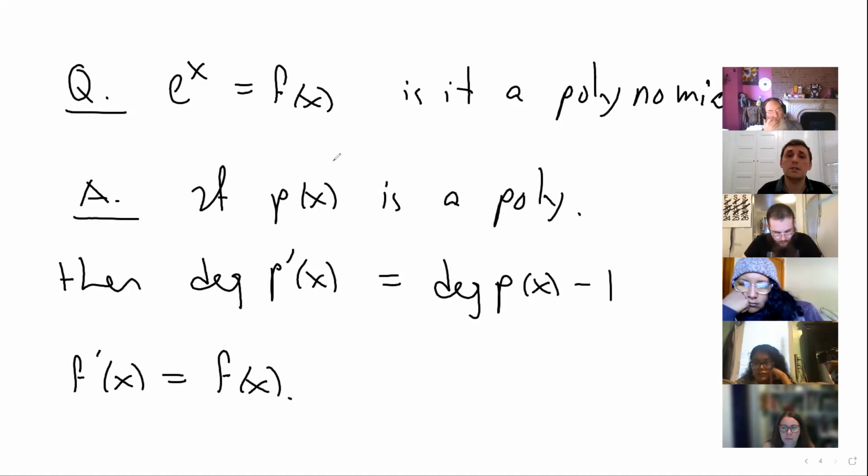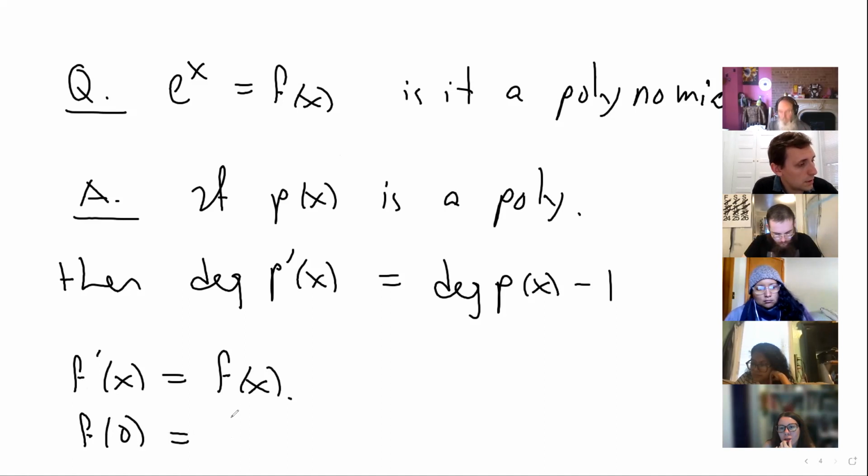So the question is, first of all, what is e to the x? And e to the x from a function theoretical point of view is just a function whose derivative is equal to itself. That's what it is. And with the extra condition that at 0, it's equal to 1. So if I had to define abstractly what is e to the x, I would say, give me a function such that the derivative is the function itself, and at 0, the value is 1.